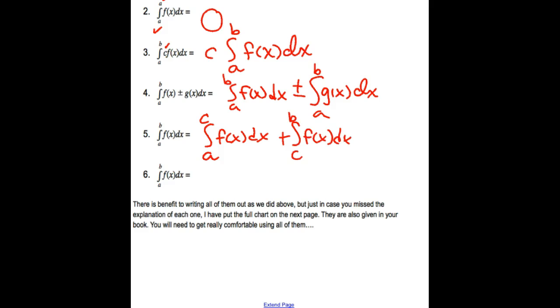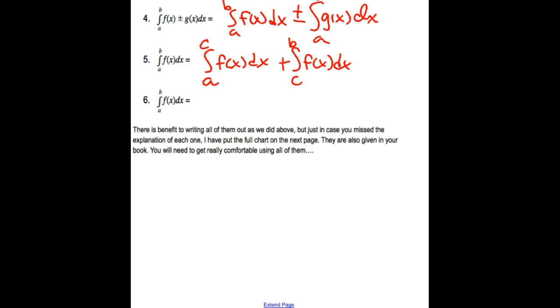What that means graphically, let me just throw a fake function up here one more time, all my fake functions. If this is f of x traveling like this, and I want to find the area under the curve, it's very obvious that if I went from A to C and then from C to B, the end result would be the area under the curve from A to B. And last but not least, it's also legal for you to change your variable of integration.